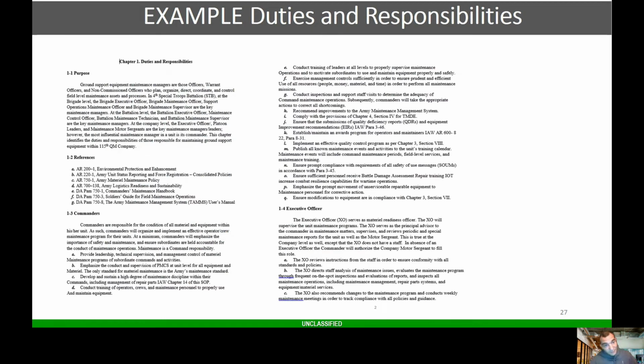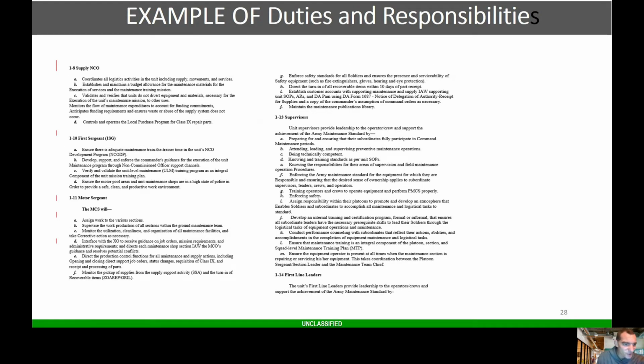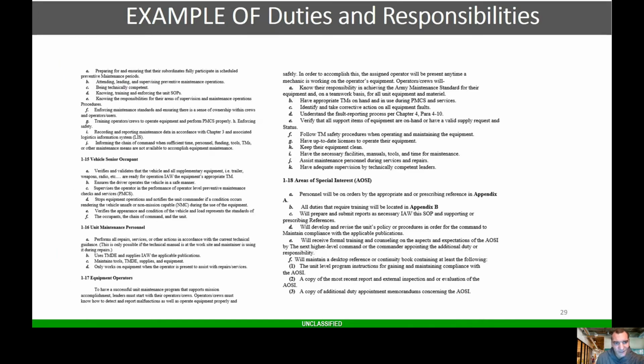So here is an example of an SOP I wrote a little while back on the duties and responsibilities. If you guys want a copy of this annex from my SOP, just hit me up and I'll hook you up. Like I talk about, commanders, your executive officer and what their responsibilities are, your supply NCO, your first sergeant, your motor sergeant, your MCS, your supervisors, your first line leaders, vehicle occupants, maintenance personnel, equipment operators.